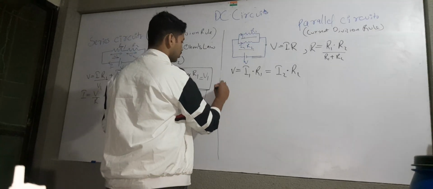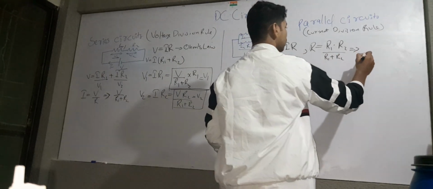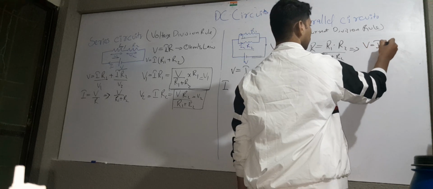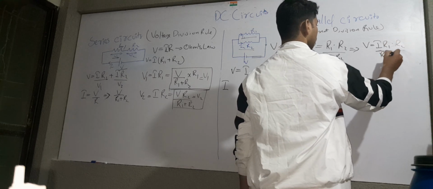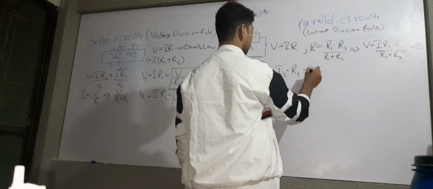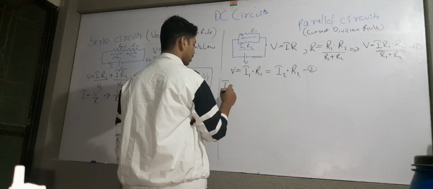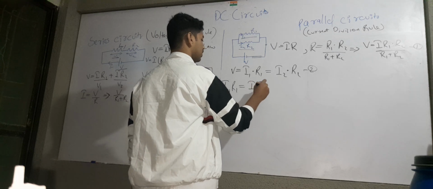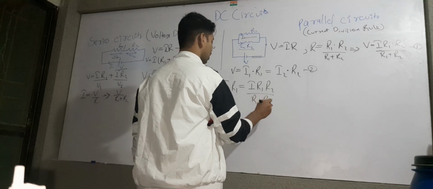So equating this to the original one we got here, equating 2 to 1, we get I1 R1 is equal to I R1 R2 by R1 plus R2.